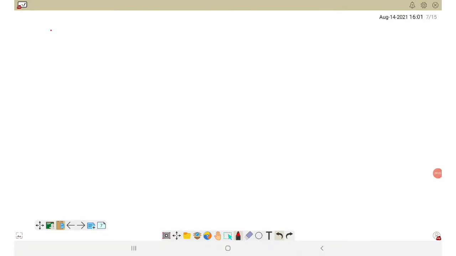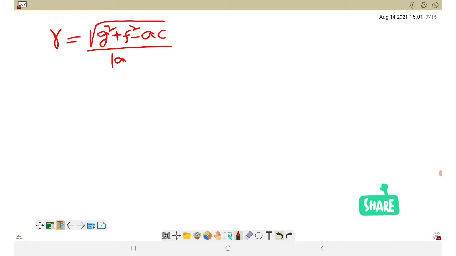Next, the radius of the given circle. R is equal to square root of g square plus f square minus a c by mod a.